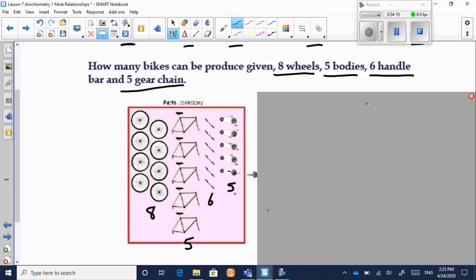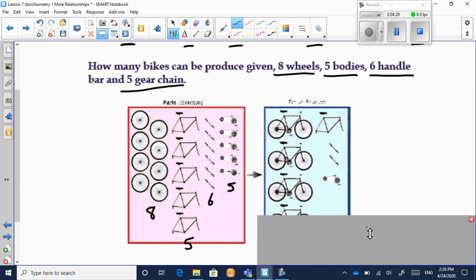Someone may say right off the bat, you can only make 5 bikes, and you may be right. But you need to look at the number of parts you have and how much is being used in each bike. So let's take a look at the answer.